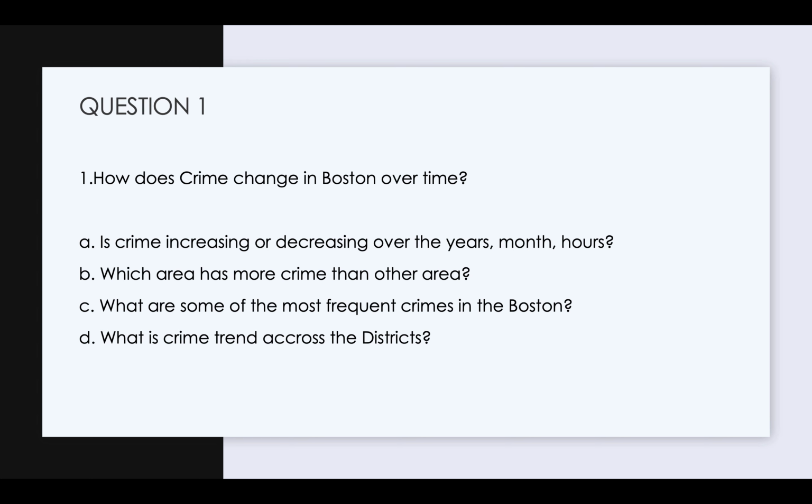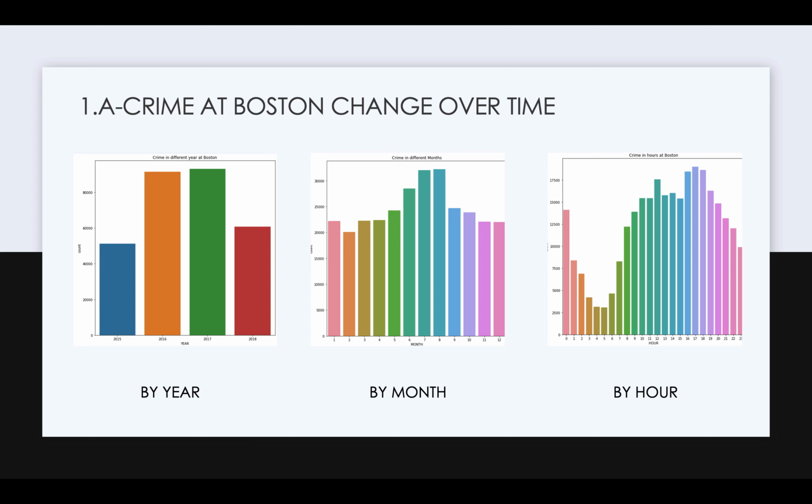So, starting with some questions that I want to address for the police department. How does crime change in Boston over time? Is crime increasing or decreasing over the years, months, hours? Which area has more crime than other areas? What are some of the most frequent crimes in Boston? What is the crime trend across the districts?